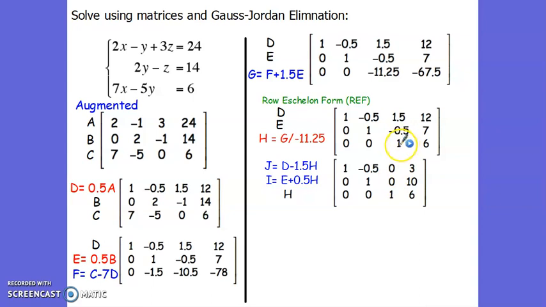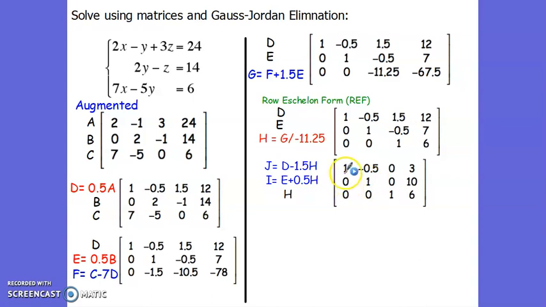Again, negative 1.5 times this one added onto the first row is going to get my 0 above there. If you follow the notation, feel free to pause the video and follow the notation yourself. And believe me, it'll work. Last thing to do is turn this negative half into a 0. Well, now again, if I'm going to add something to it and change it, I need to take advantage of that 1 that was right below it.